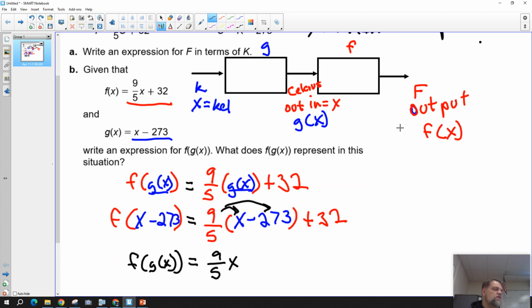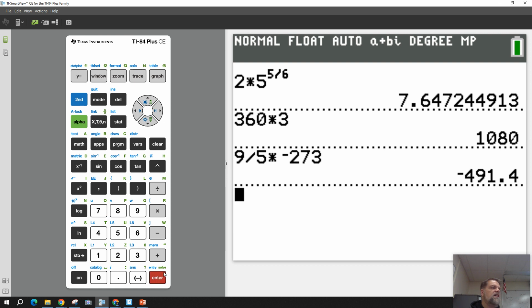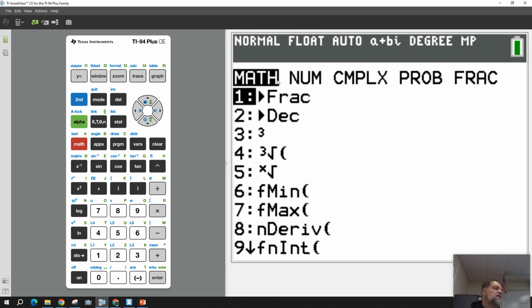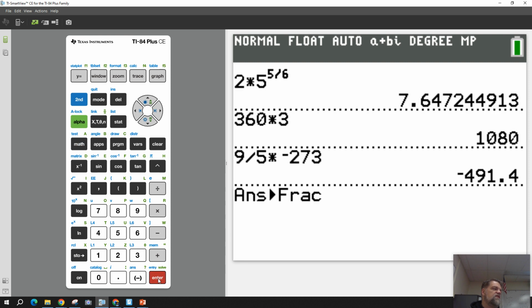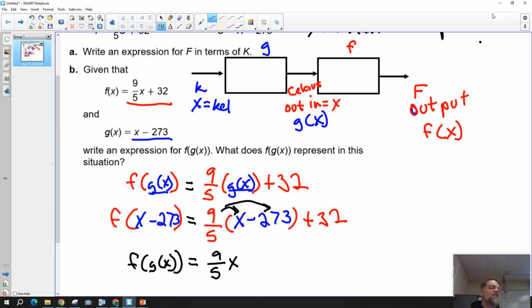Yeah, negative 273. Now it's going to give you a decimal, right? Now, does anybody in here remember how we convert a decimal to a fraction? You could leave it as a decimal if you had to, but if you hit the math button, see this first option, it takes whatever your answer was and converts it to a fraction. So we'll see if it works. Yep. Whoa, let's just leave it as a decimal. Okay, I'm okay with leaving it as a decimal.